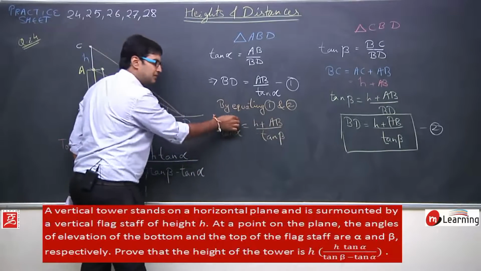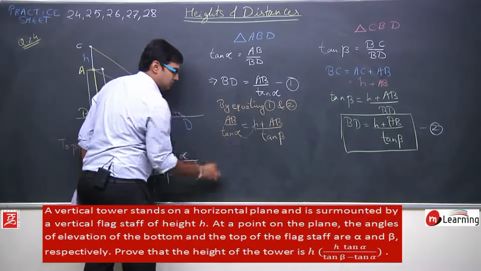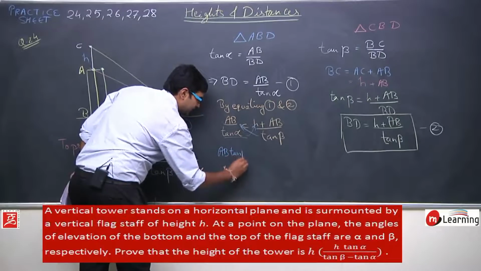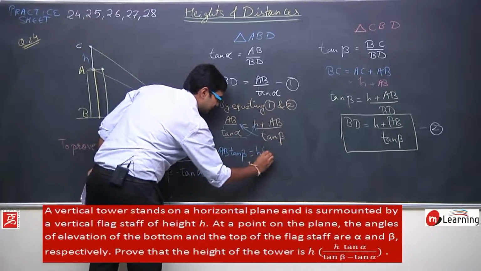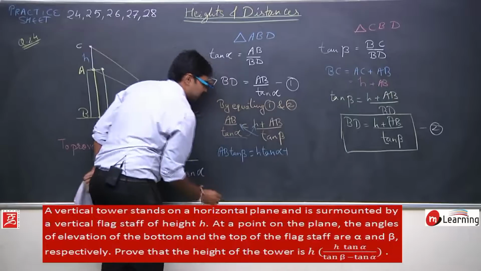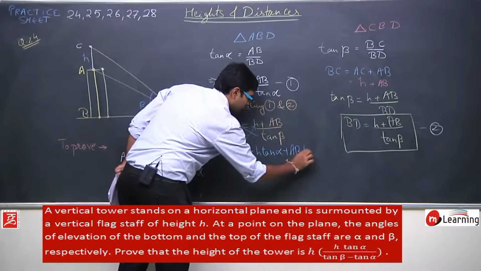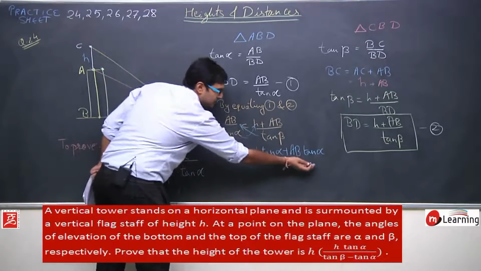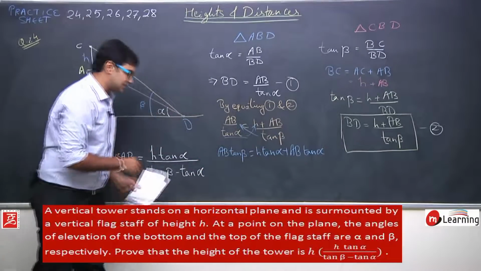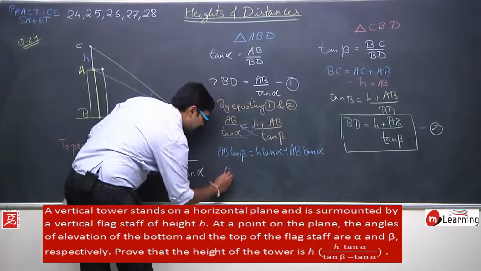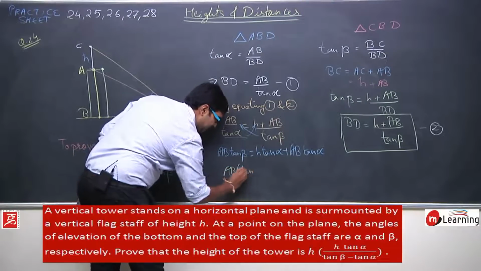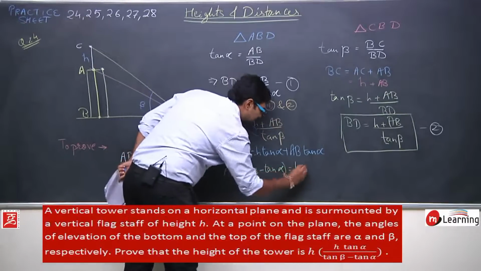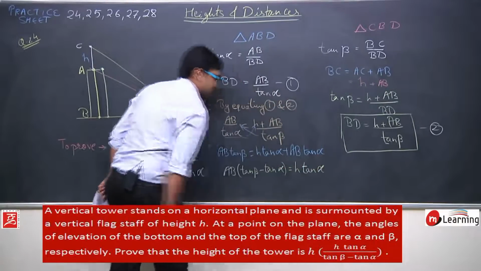Now further, let us cross multiply this. Tan beta will be multiplied here and tan alpha will be multiplied here. So we go for cross multiplication: AB times tan beta is equal to H tan alpha plus AB tan alpha. From here I can shift AB tan alpha from RHS to LHS, and I will get AB times tan beta minus tan alpha is equal to H times tan alpha.